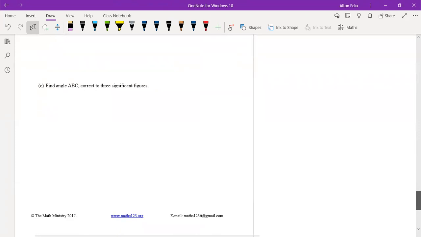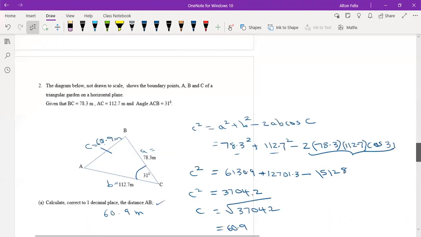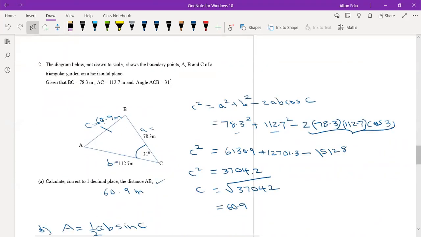Find angle ABC. Okay, ABC. So we basically want angle B. So we'd like to find this angle here. So we could use our sine rule for that.